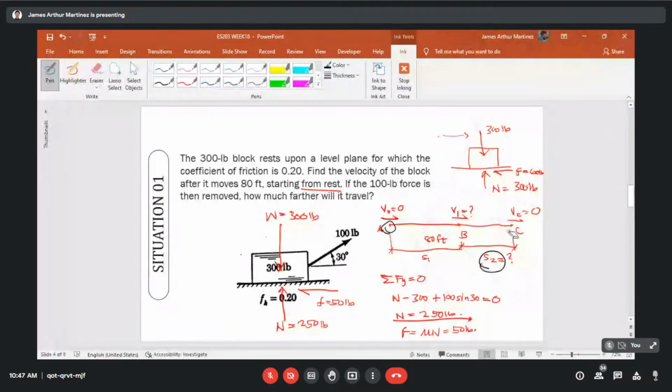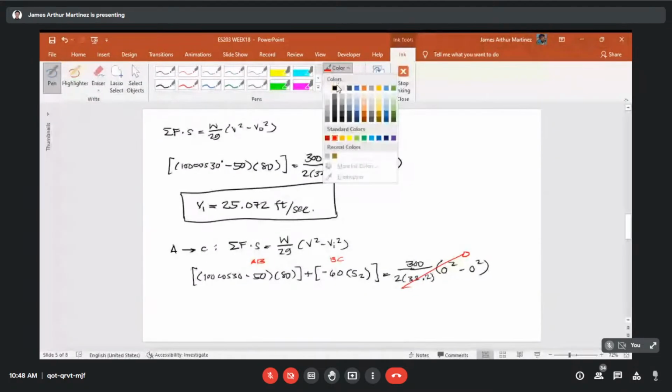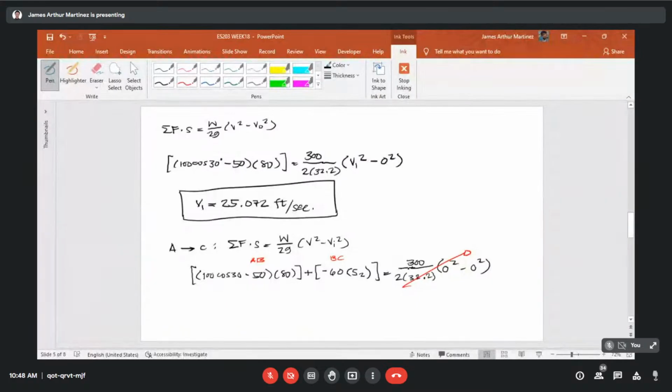So from initial to final, the block is at rest. Meaning, final velocity squared, 0 squared, minus initial velocity squared, so this expression is just 0, since any number multiplied by 0 is equal to 0. So the right hand side of our equation is just equal to 0.